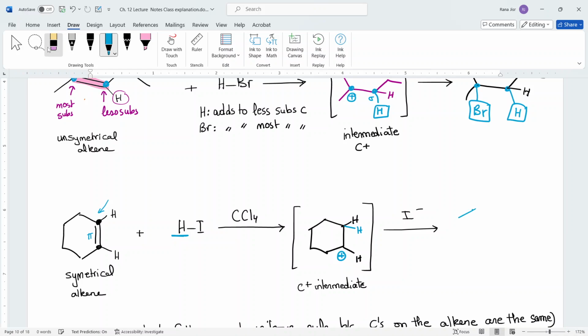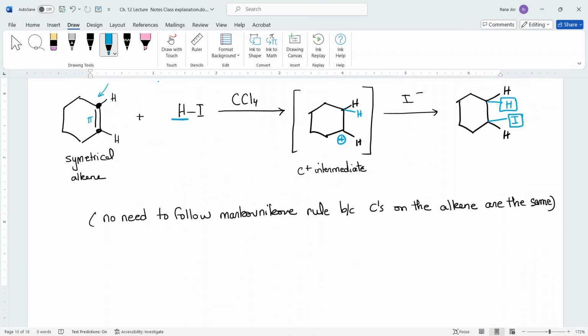So my iodine is going to be on the positive charge carbon, to end up having formed two sigma bonds. This is going to be my final product where I would have added a hydrogen and an iodine. Okay, let's write the iodine right. This is the hydrogen and that is the iodine. So there is no need to follow Markovnikov whenever you are working with symmetrical alkenes.